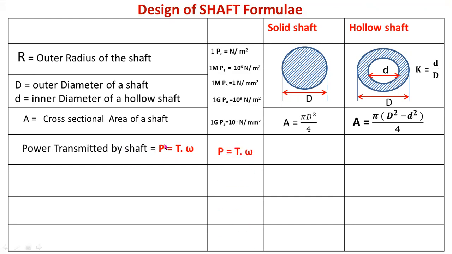So power P equals torque into 2 pi n by 60. From this equation, you can get the value of torque T equals 60 into P by 2 pi n. This is the formula for mean torque.